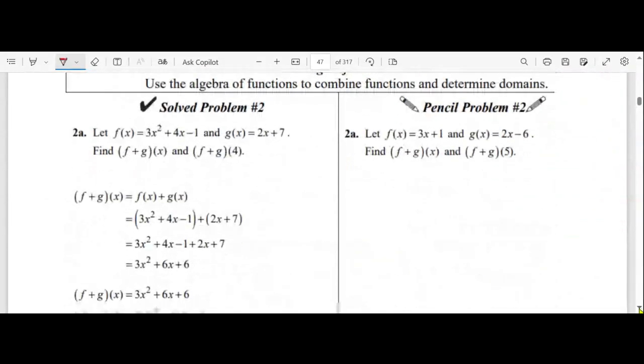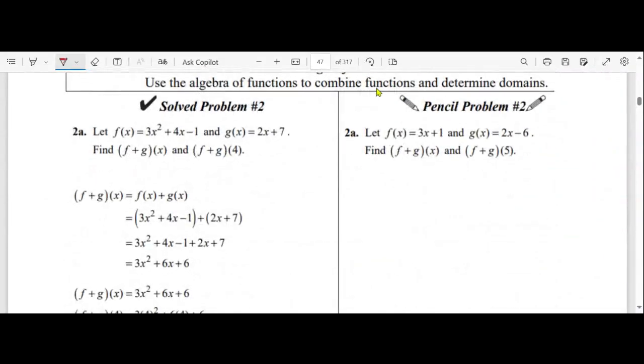Now we're going to go for combine functions and determine the domain. I have the first function. Can you tell me what's the first function? 3x plus 1. Can you tell me the second function? 2x minus 6. He's asking, can you tell me what he's asking for?